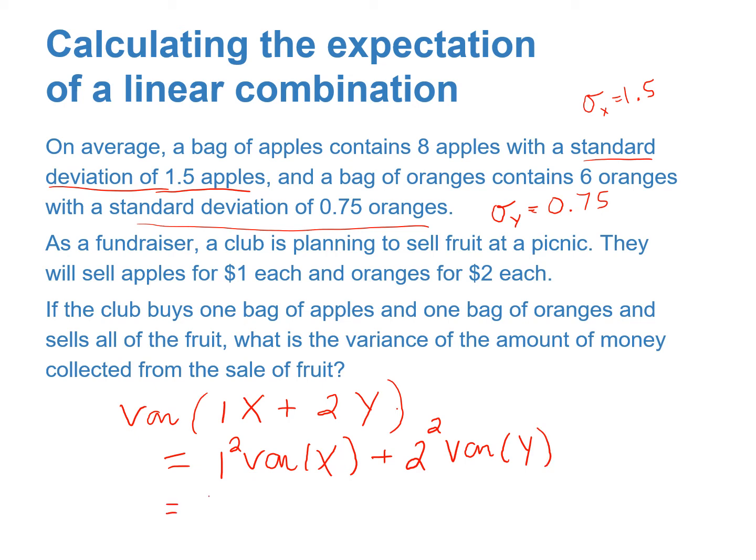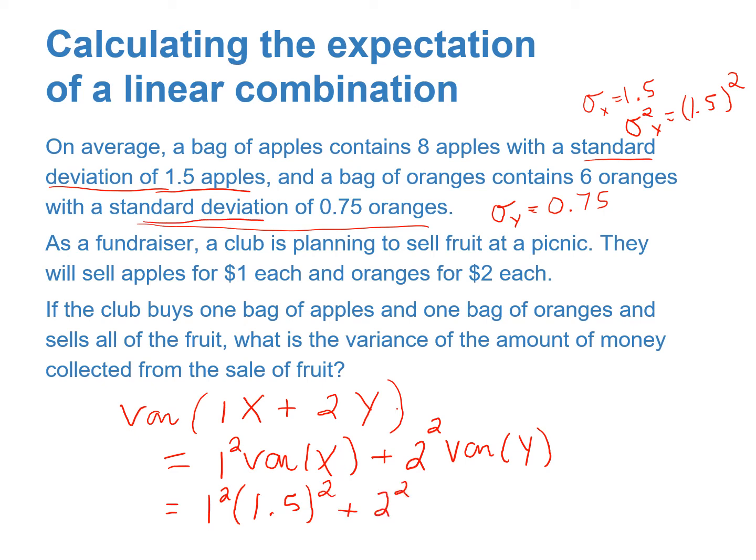which is equal to 1 squared times the variance of x. Now we're given the standard deviation of x, so the variance, sigma squared of x, is equal to 1.5 squared, and we have 2 squared times the variance of y.